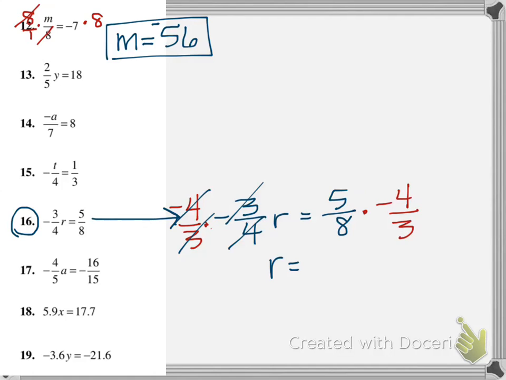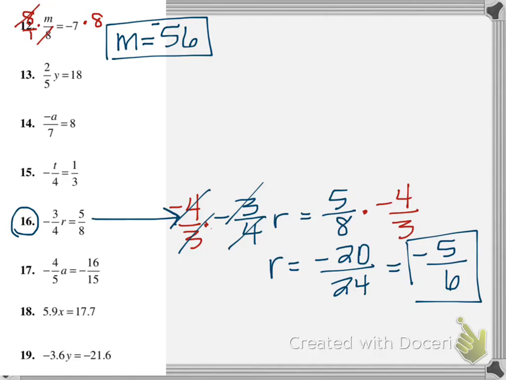And then 5/8 times negative 4/3 would be negative 20 over 24, which can be reduced. 4 will go into both of those, so 4 goes in 5 times, so that would be negative 5, and 4 goes into 24 6 times, so negative 5/6. And if you take negative 3/4 times negative 5/6, you should get a positive 5/8.